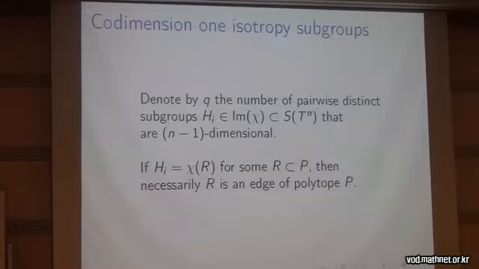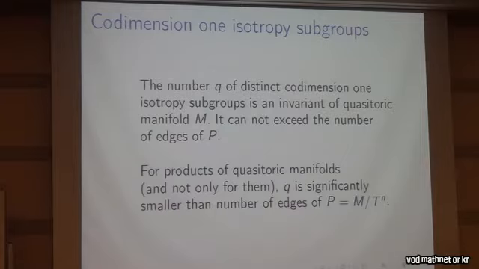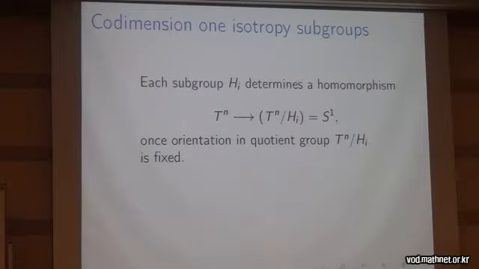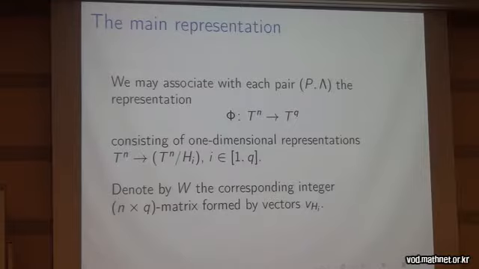Well, we have edges of the polytope P, and each edge has an isotropy subgroup. Some of them are equal. And then we just denote by Q the number of distinct subgroups. And from the other side we have the quotient representation, which is an epimorphism here, and there are q of them. So we just take the direct product of them. This is the definition of Phi large.